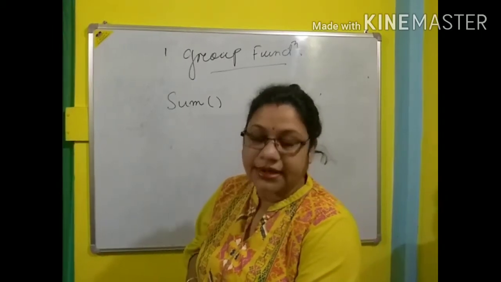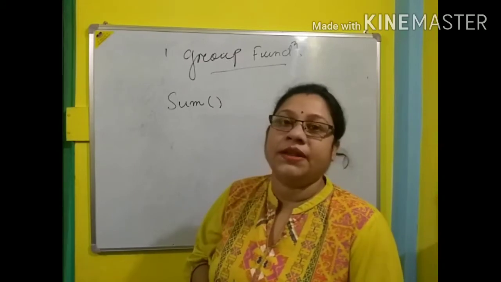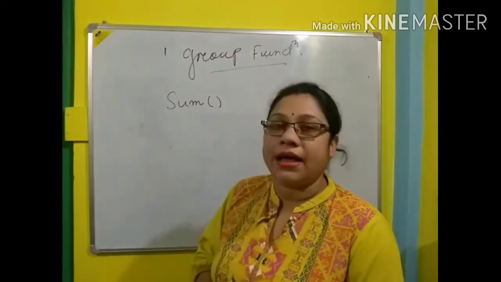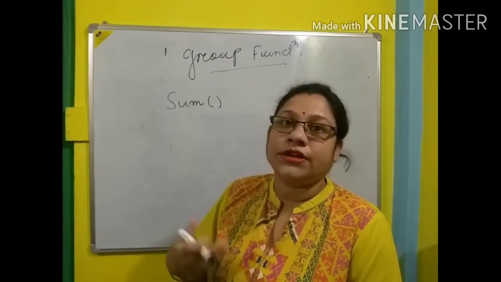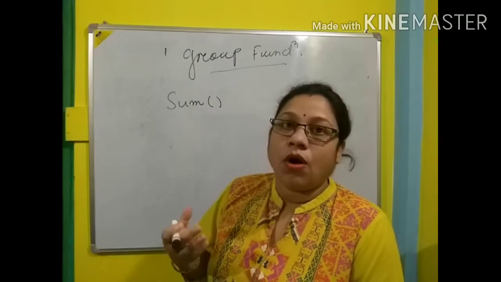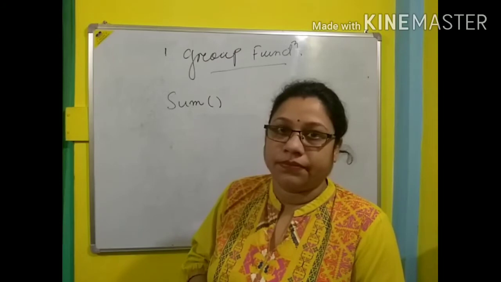That means it returns the sum of values of a specific column or expression. If you use this sum function, it is going to calculate the total, that is the sum of the values present inside a column.